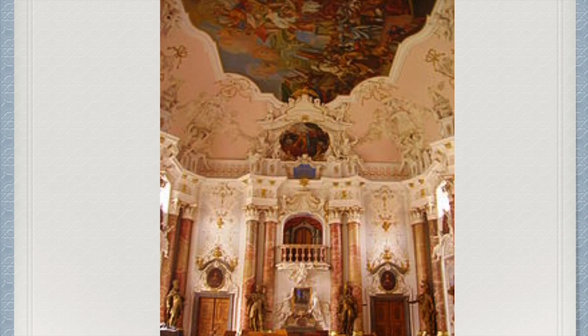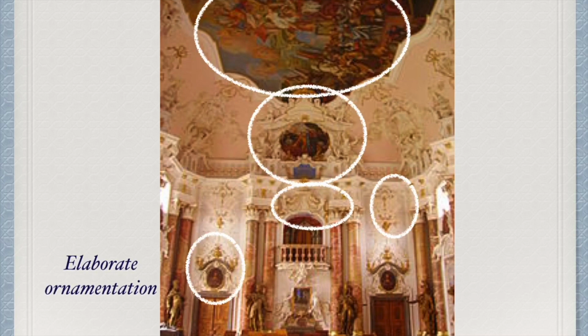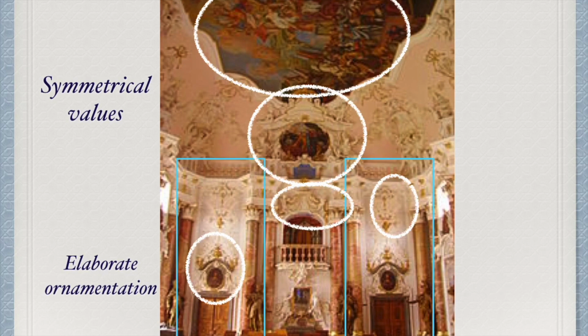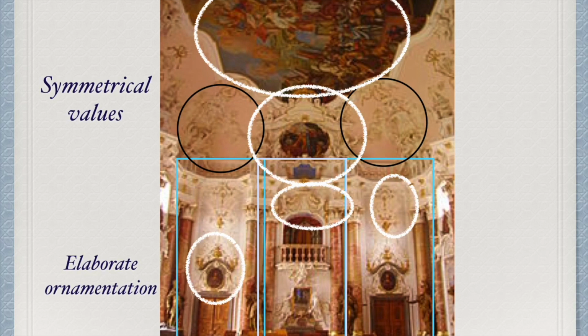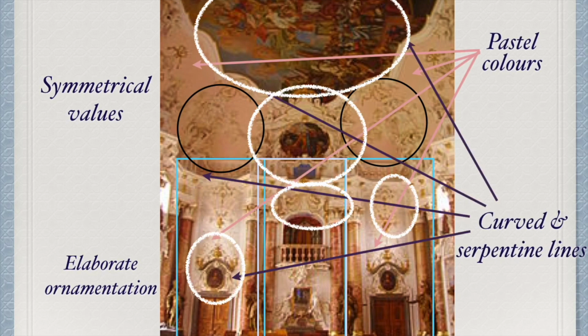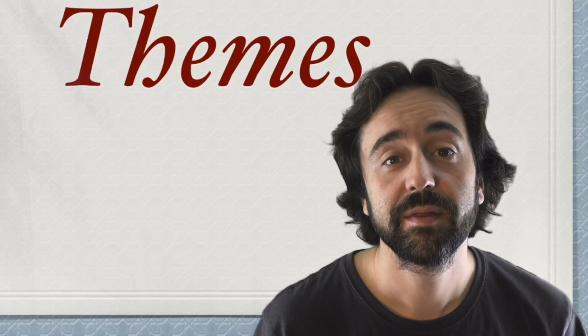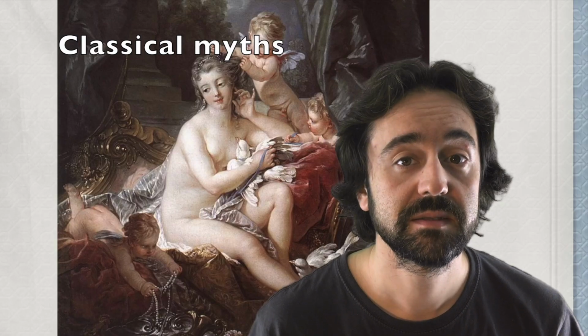Main characteristics are elaborate ornamentation, symmetrical values, pastel colors, and curved and serpentine lines. Main themes of Rococo style were love, classical myths, youth, and playfulness.